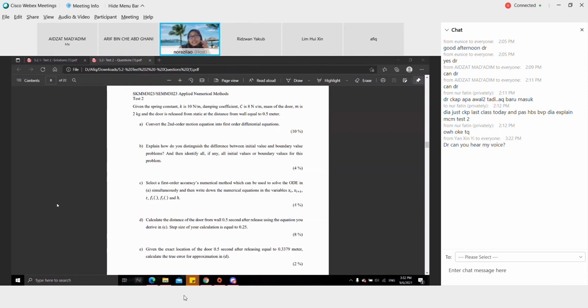If specific, that is a boundary value problem. If not specific, that is initial. So for this problem, where is it specific? Is there any? It says initial and end. Where is the location of the specific point? Is there any?